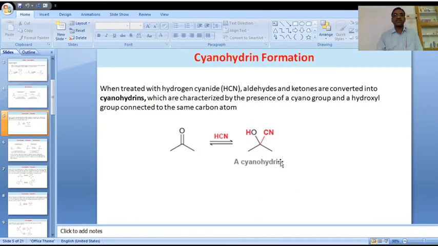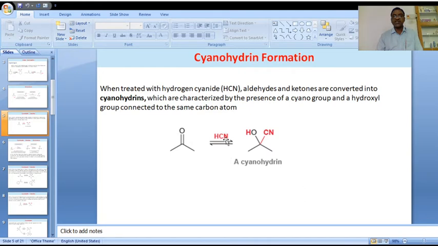Cyanohydrin. Here the starting material may be aldehyde or ketone. These starting materials react with hydrogen cyanide. This hydrogen cyanide ionizes, dissociates into H plus and CN minus.